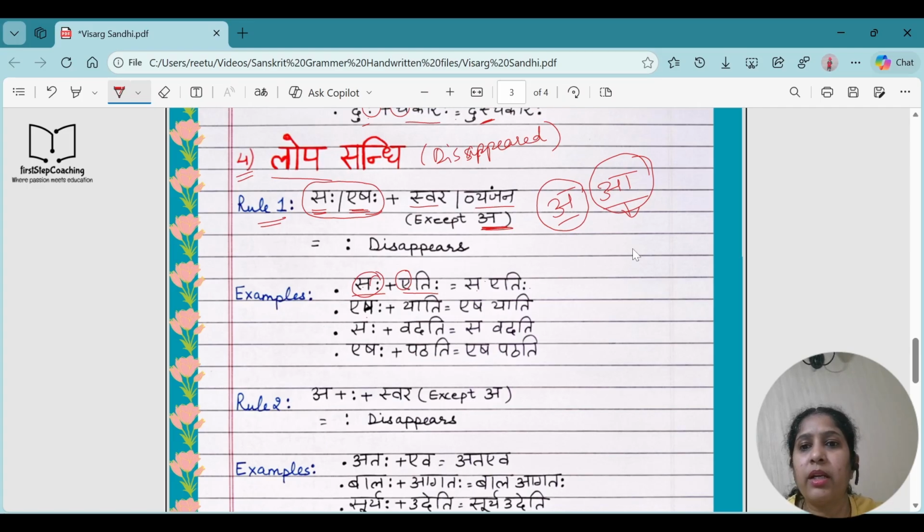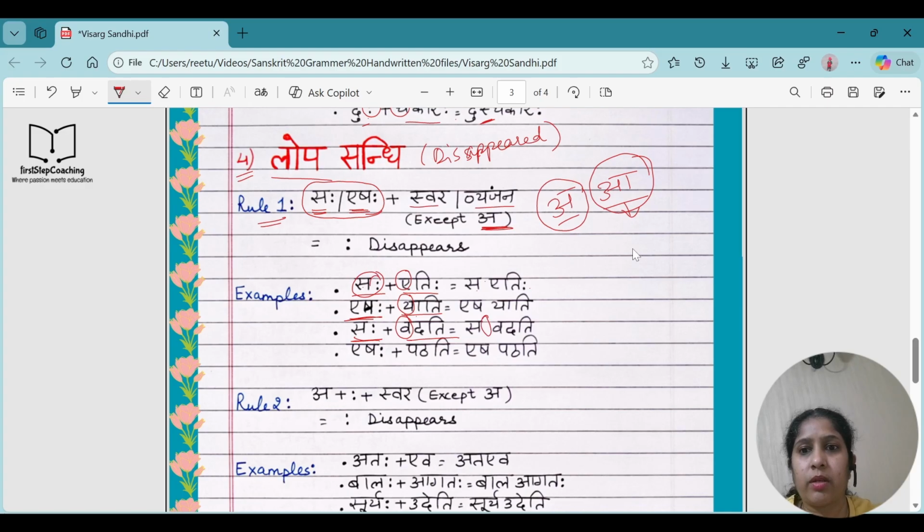Then Eshaha Yati. So Eshaha is there, right? And after that you have Yati. Yati is starting with the ya, right? So it is any Vyanjan. So when you join it, it will become Esh Yati. Okay. Then the third example is Saha Vadati. Saha and after that a Va. So you just do not write the Visarg.